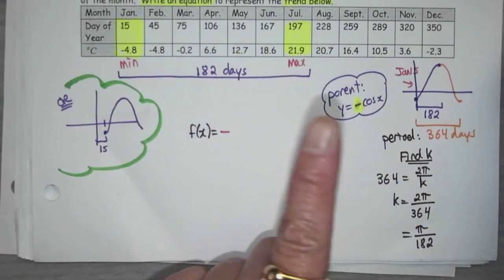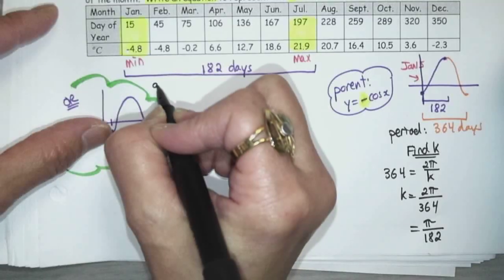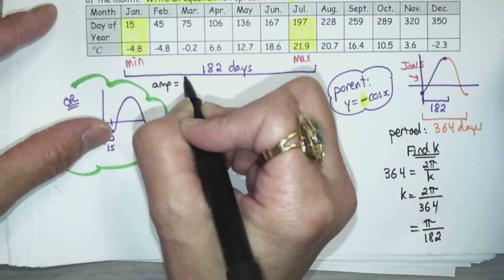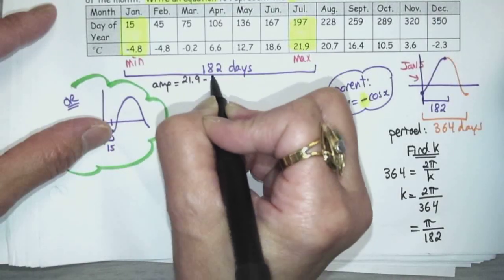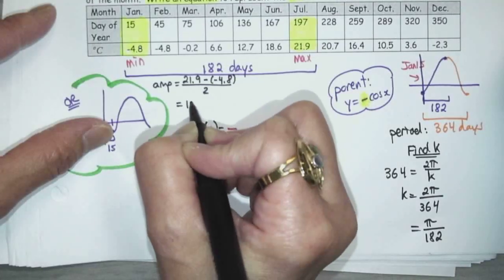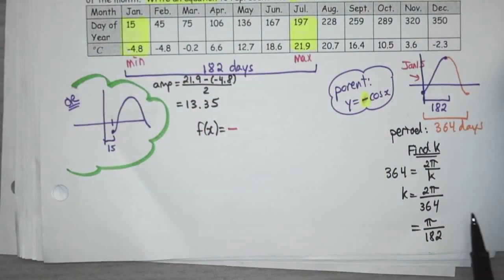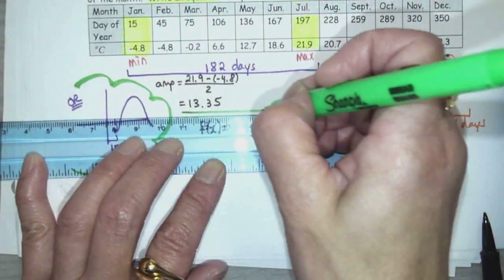Oh, wait, amplitude. Oh, did I do my amplitude? I forgot to do my amplitude. So my amplitude is 21.9 minus negative 4.8 over 2, which is 13.35. I'm just going to separate this so you can see.